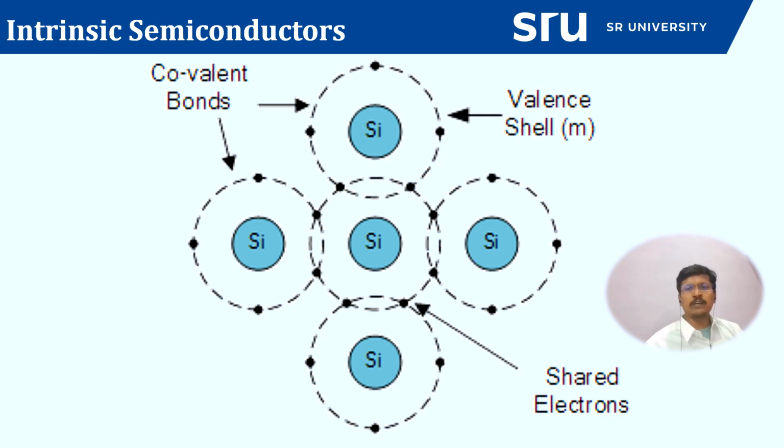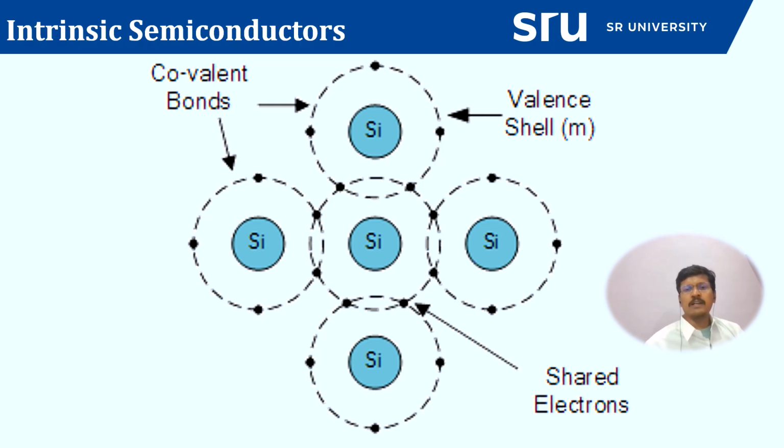However, at room temperature, thermal energy becomes available. This thermal energy can break some of the covalent bonds and release some of the electrons. Whenever an electron leaves a bond, it creates two charge carriers simultaneously.